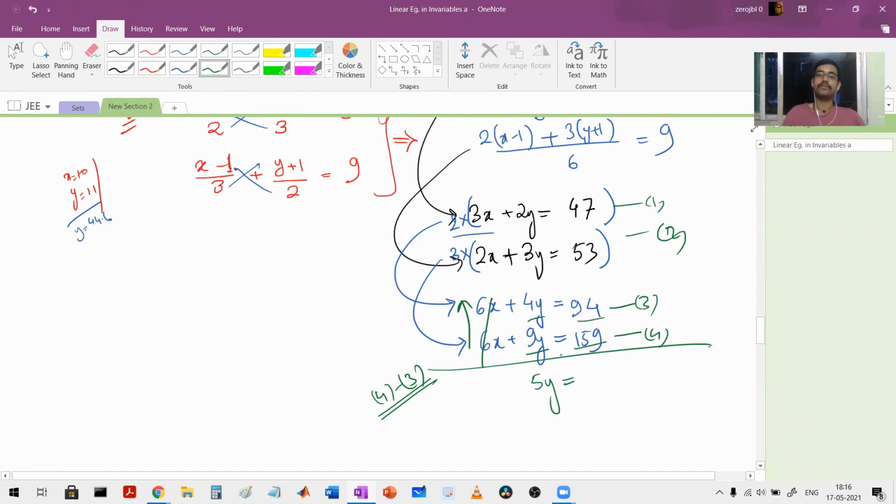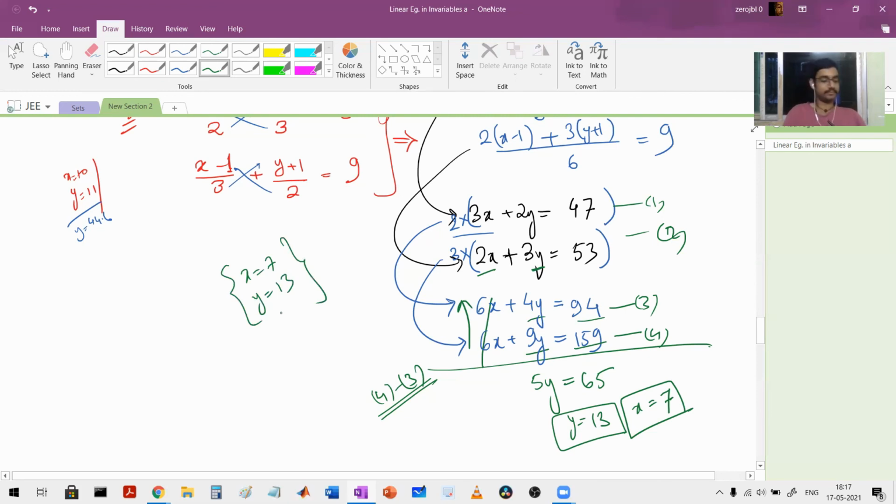That is equal to 159 minus 94, that is 65. So y is equal to 13. If you put the value of y anywhere in this equation or this equation, you get 39 minus 2x is equal to 7. So x is equal to 16, y is equal to 13 is the valid solution.